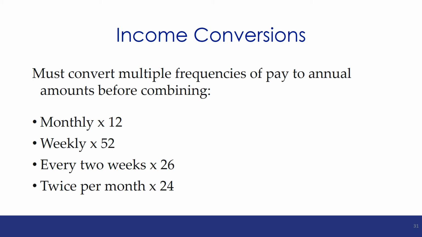We must convert multiple frequencies to annual pay before combining to determine the household's total income. Monthly times 12, weekly times 52, every 2 weeks times 26, and twice per month times 24. If you look at the bottom of the meal application, you will also see the income conversions listed there.